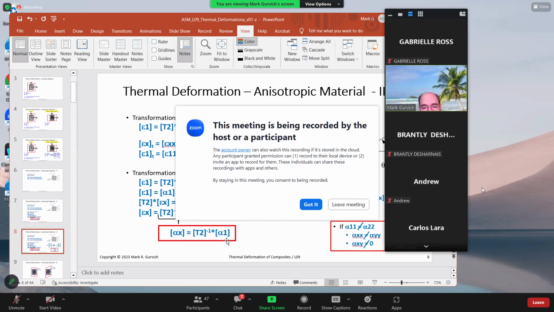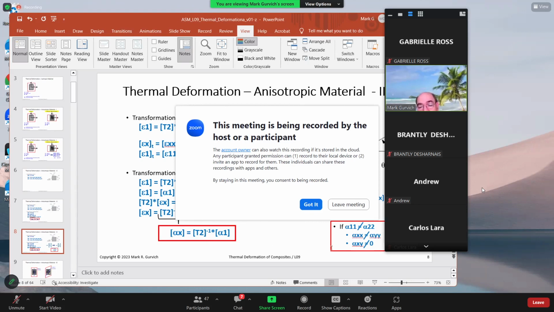However, if you calculate alpha sub x, you need to multiply by the 3 by 3 matrix here. You will actually receive all those three components: alpha xx, alpha yy, but also the so-called shear component, alpha sub xy. It's just pure mathematics, because now for T2 you have many non-zero components, cosine, sine, etc.